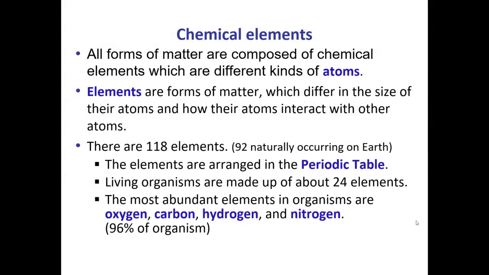There's over 100 different elements that make up all matter, but an atom of the element oxygen is different from an atom of the element carbon, which is different from hydrogen, and so on. And what's different about the atoms is the size of the atoms.